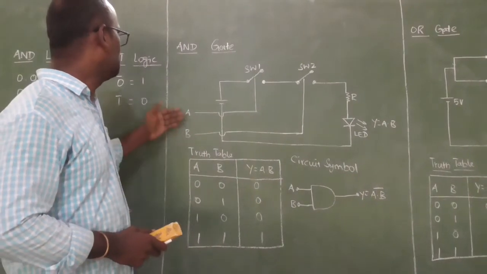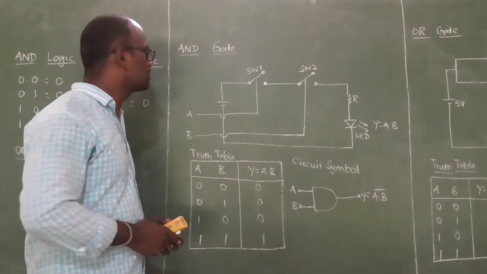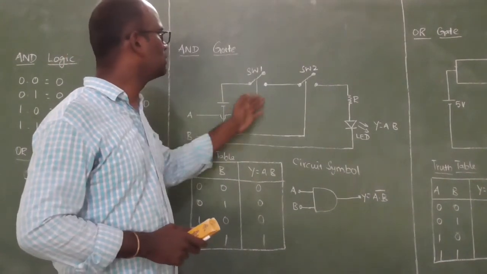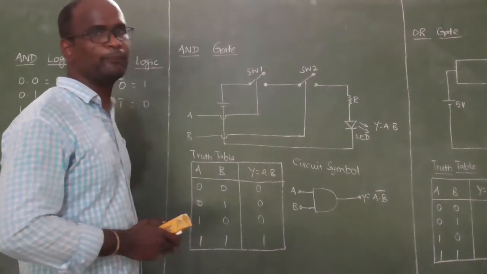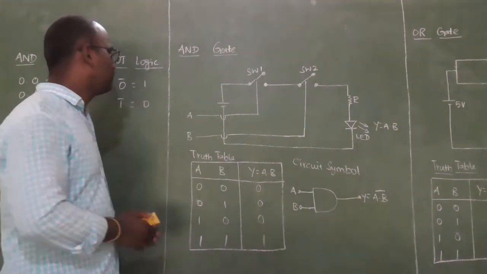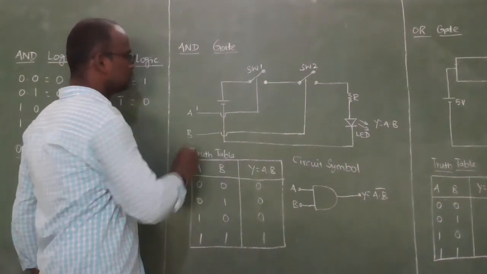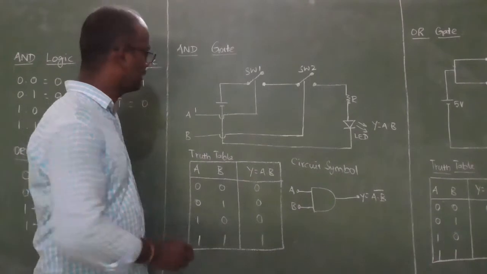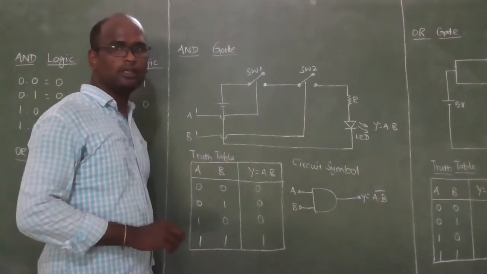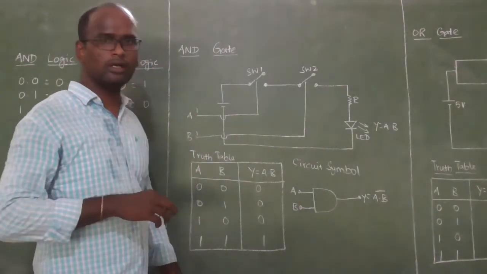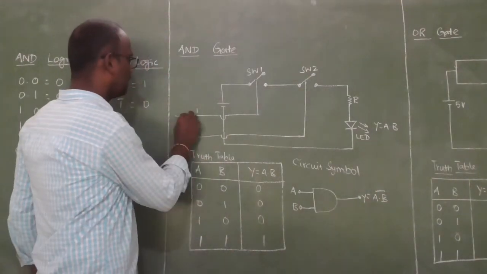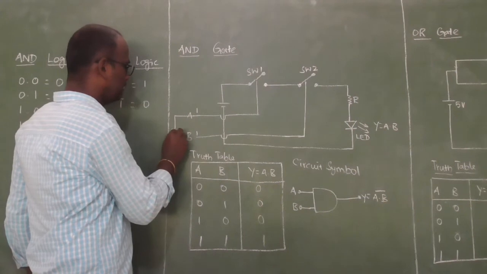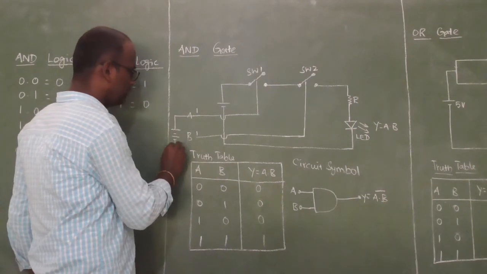So A and B are the binary variables which are given to switch 1 and switch 2 respectively. If A is 1 and B is 1, here 1 means we are applying a battery power supply to these inputs.